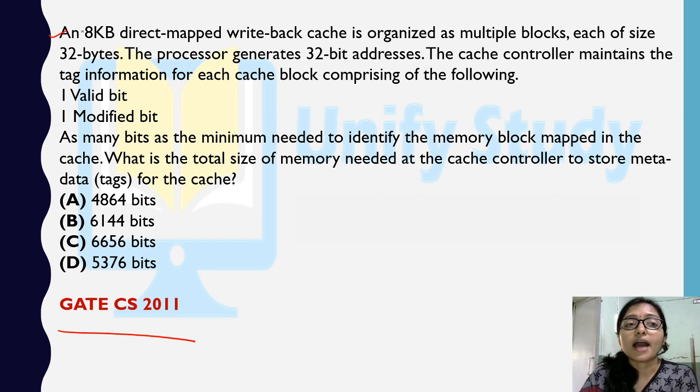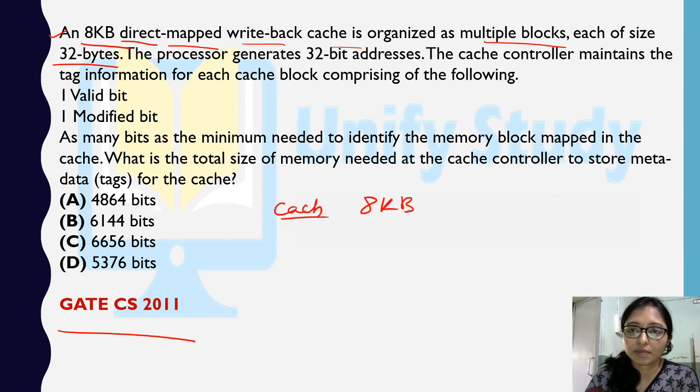An 8 KB direct mapped write back cache is organized in multiple blocks, each of size 32 bytes. Here the cache size is 8 KB, and the block size is mentioned as 32 bytes.